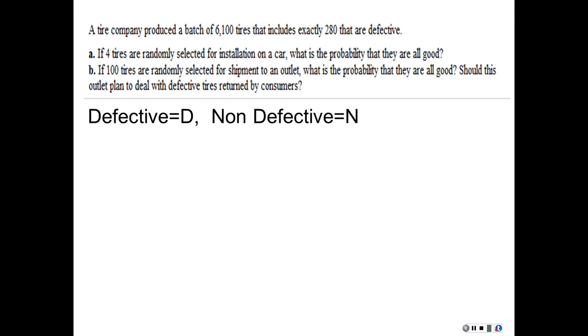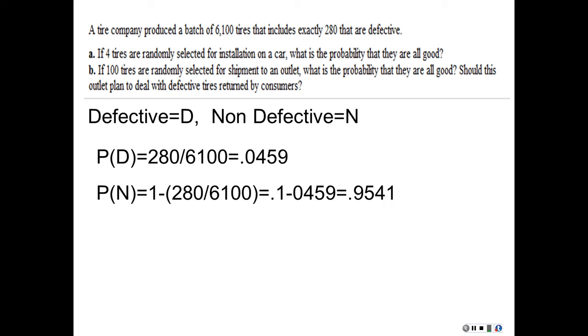We have a total of 6,100 tires, and 280 are defective, so the probability of defective is 280 divided by 6,100. The probability they're not defective is basically subtracting that from 1.